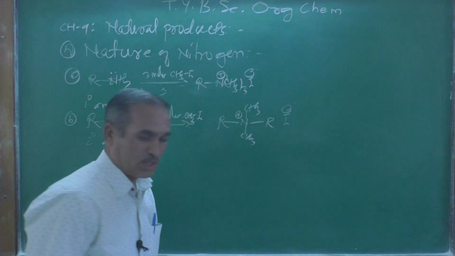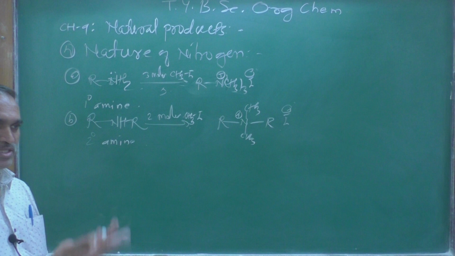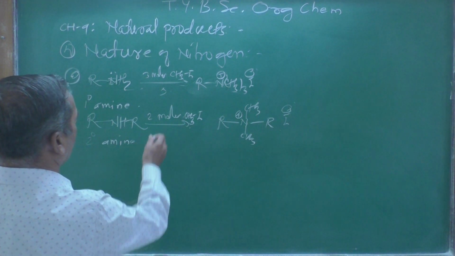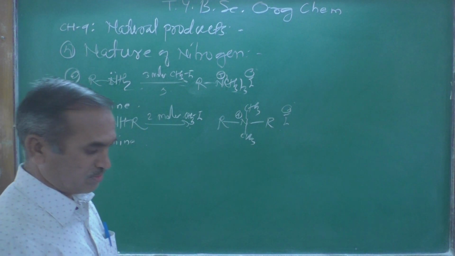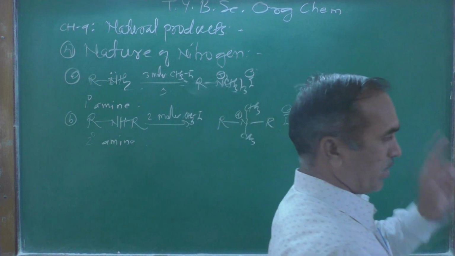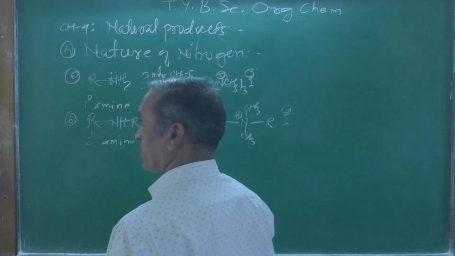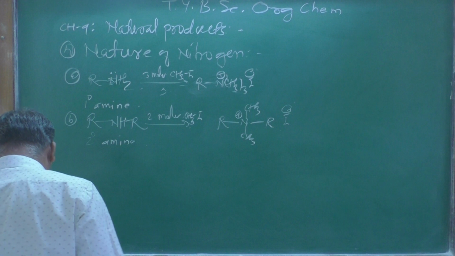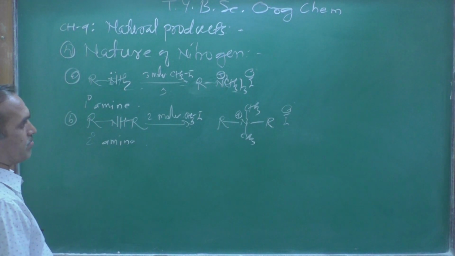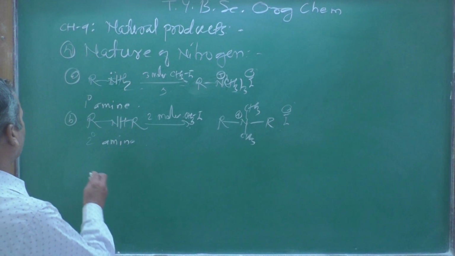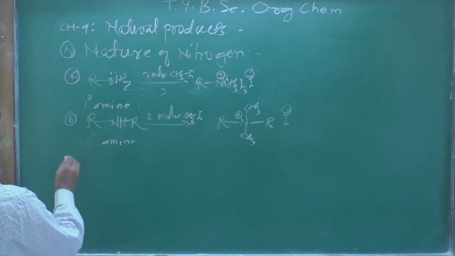That quaternary ammonium salt is the end product in every case, but the number of moles depends on the type of amine. We can easily classify whether it is a primary, secondary, or tertiary amine. Let us see over here.